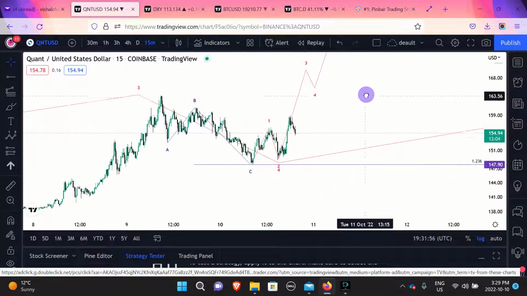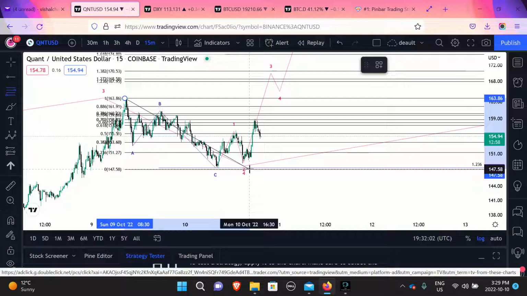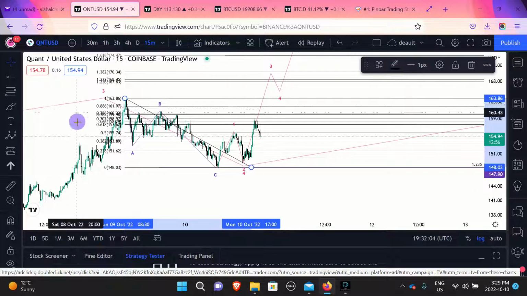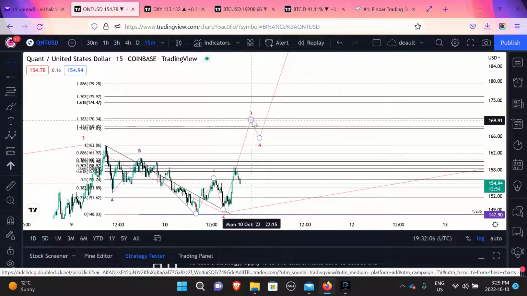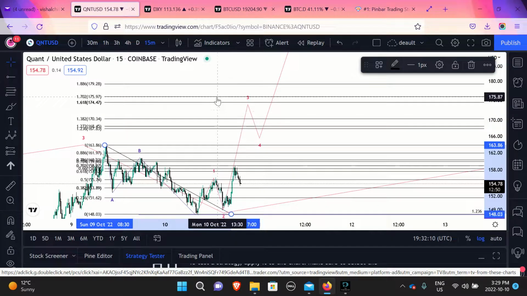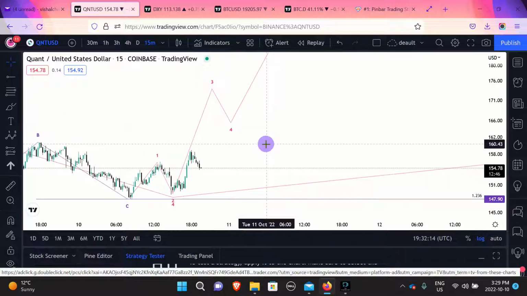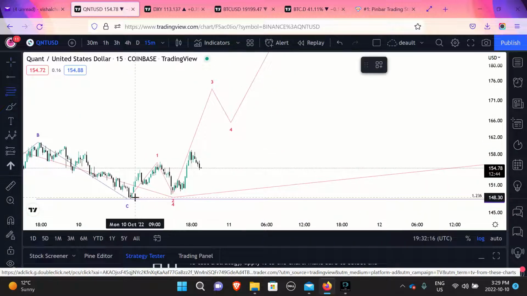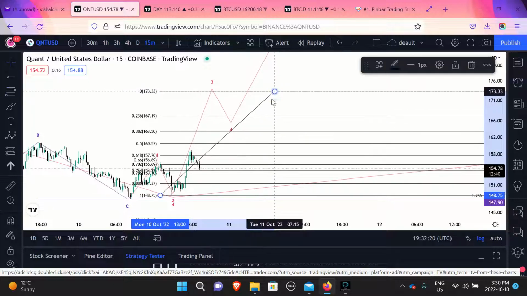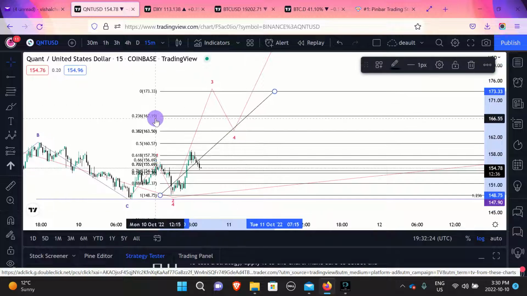And we can see where our third leg goes to by taking a fib retracement. Where does our 1.618 take us to? About 174. And then we have a slight pullback for our wave 4, maybe down to the 0.382.